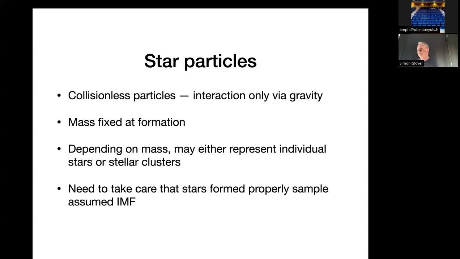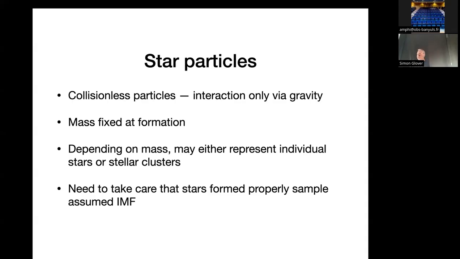If your star particles have 10 solar masses, and you try that trick, it doesn't work, because by construction, you will never form any stars more massive than 10 solar masses. So as you get higher resolution and form smaller and smaller star particles, you have to start being a bit clever about how you sample from your IMF.